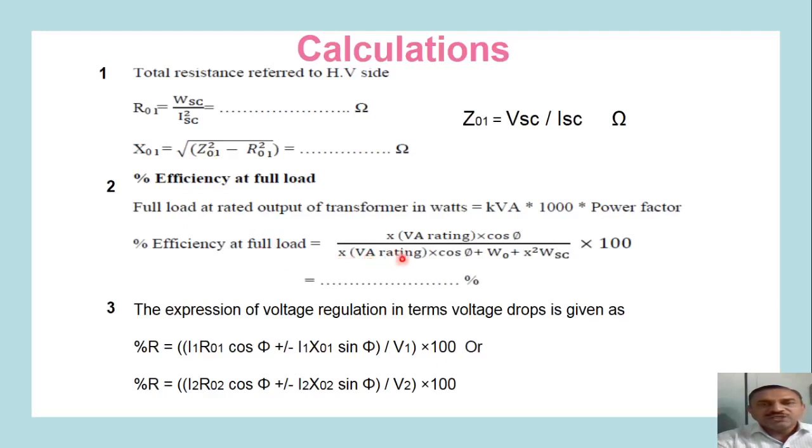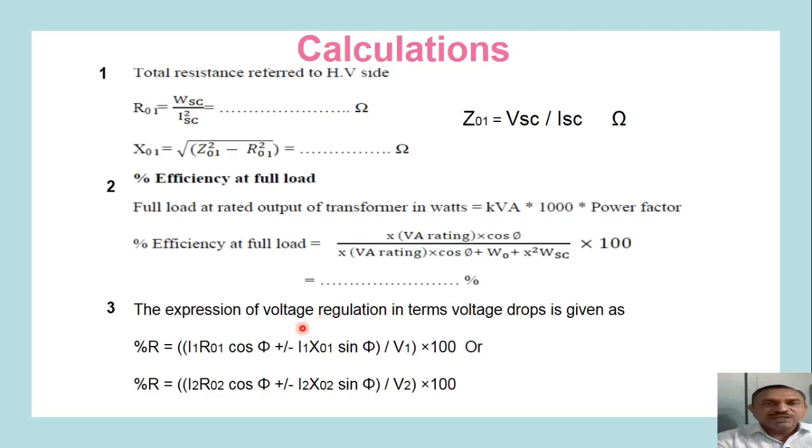So the same equation we can use to calculate efficiency at different load conditions. Basically we must know the power factor at which we have to calculate efficiency, then we must know the iron losses of the transformer, and we have to get the copper losses at full load from the short circuit test.